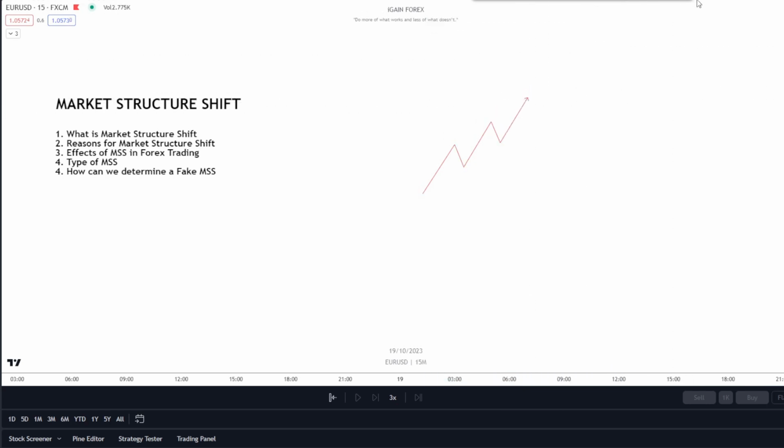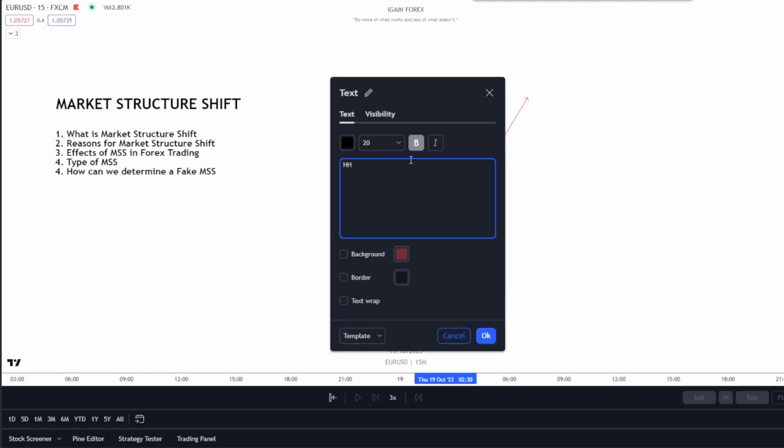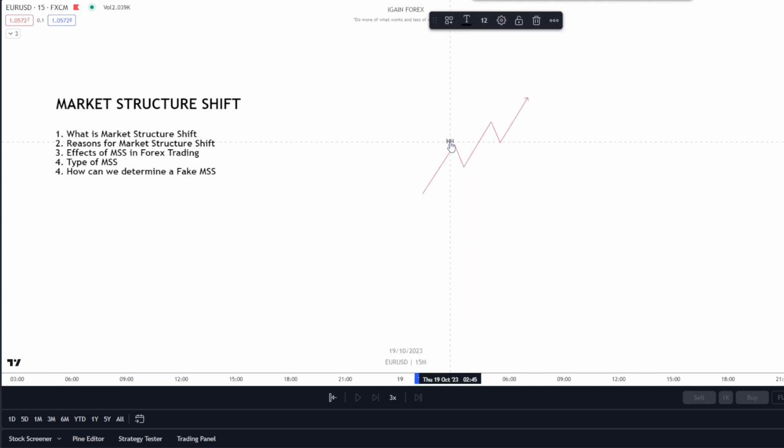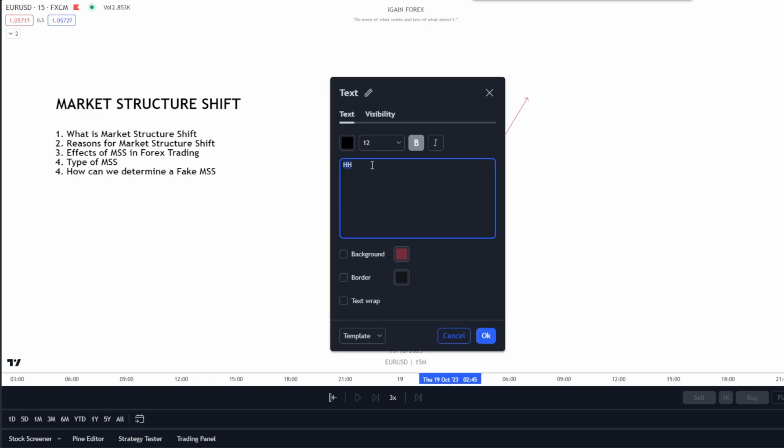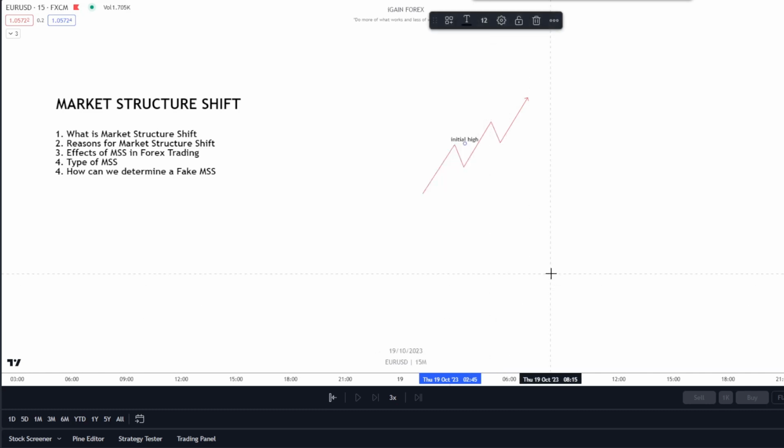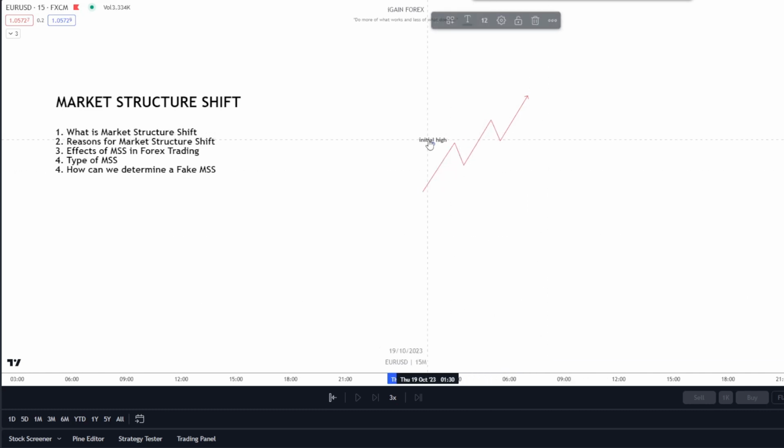Okay. So we have here this higher high. This is our initial high, and this is our initial low.